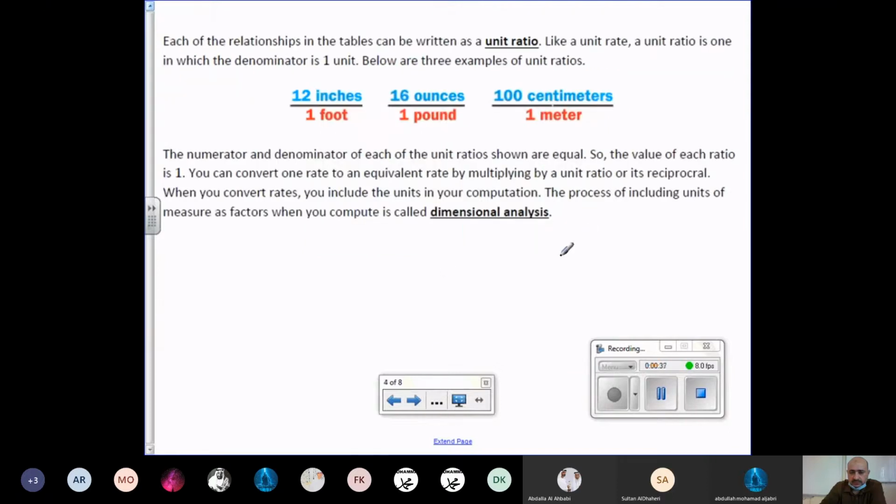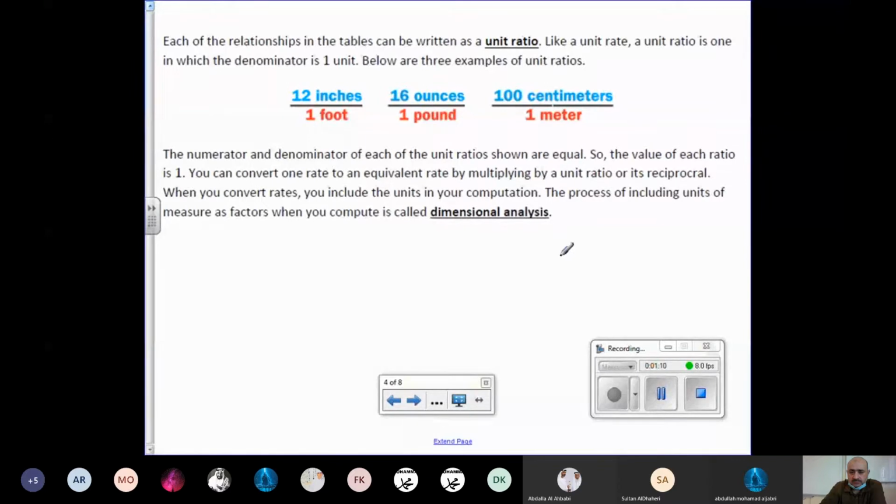Each of the relationships can be written as unit ratios. Remember, in a unit ratio, the denominator is 1. So like a unit rate, a unit ratio has the unit of 1 in the denominator, but in this case, they're different units. So 12 inches per 1 foot, 12 inches equals 1 foot. 16 ounces per pound, 16 ounces equals 1 pound. 100 centimeters per meter, 100 centimeters equals 1 meter.